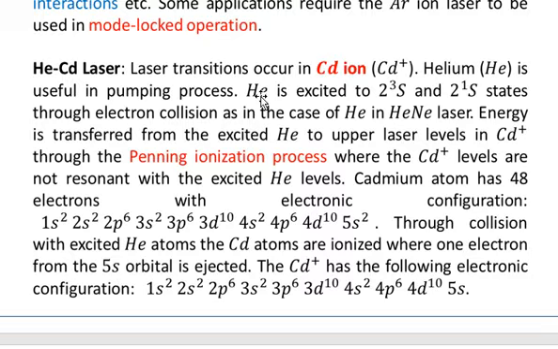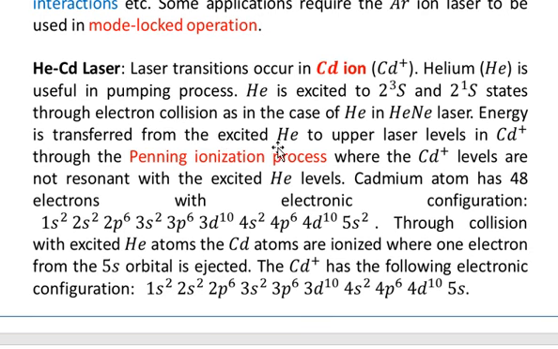That is, the helium in the cadmium laser will also be excited to the two metastable states, 2 3s and 2 1s. For the detail of this helium structure, you can have a look at the previous slide, which explains the helium neon laser system.